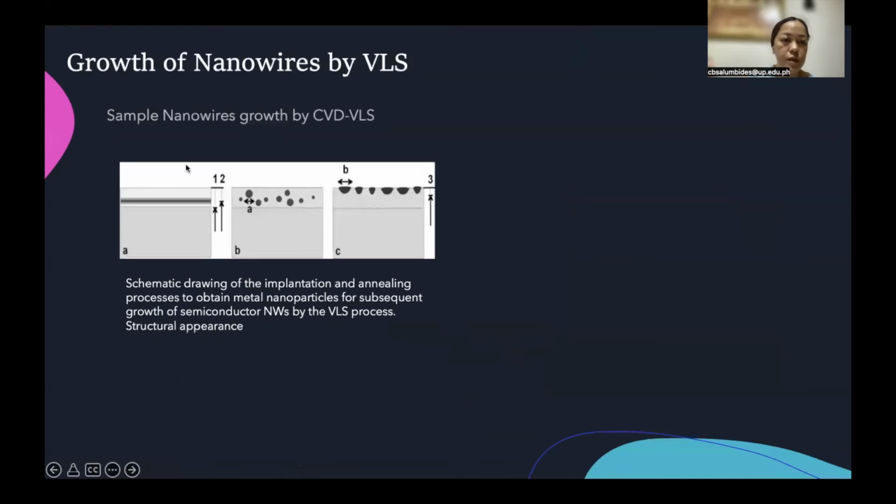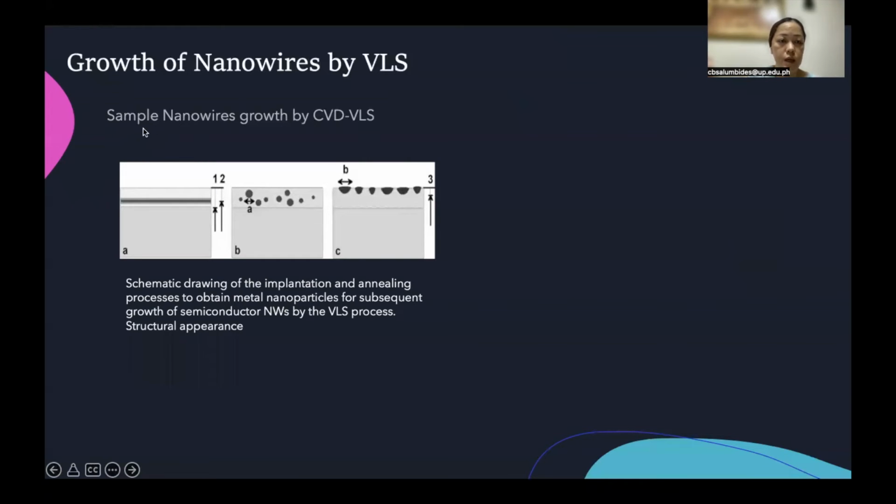So another example in the figure here is the schematic drawing of the structural appearance of the implantation and annealing processes to obtain metal nanoparticles for subsequent growth of semiconductor nanowires. In this figure, in letter A, we have the room temperature implantation of gold.